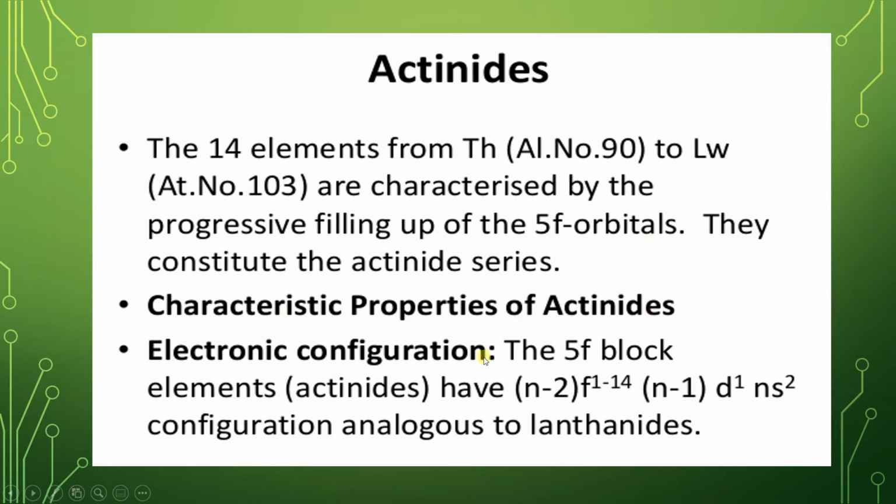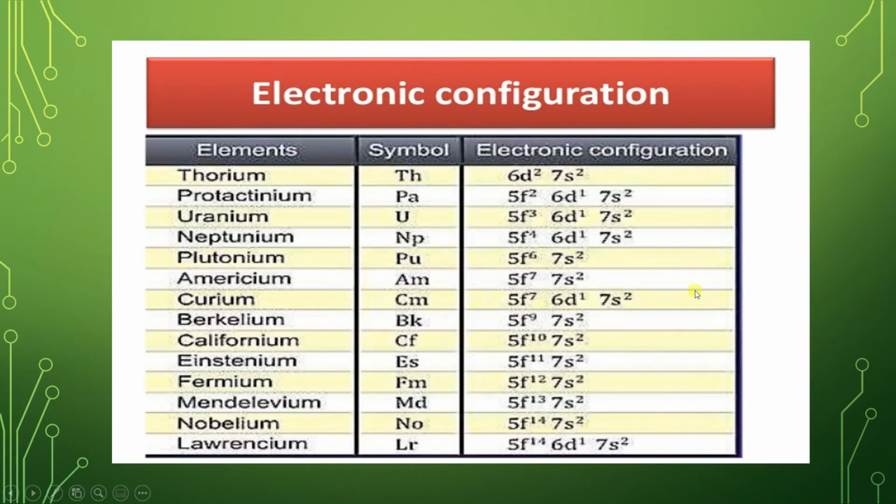Number 1, electronic configuration. The general electronic configuration of the 5f block elements, that is actinides, is (n-2)f1 to 14 (n-1)d1 ns2. Next is a list of actinide series elements, their symbols and corresponding electronic configurations.